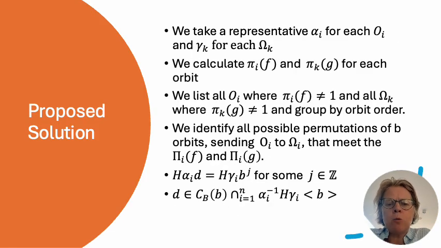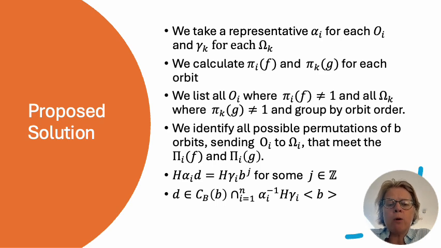Having identified the orbits, we can take a representative alpha i for each O i and a gamma k for each omega k, and we can calculate this single element of A, pi i f or pi k g, for each of those orbits. We can then list out all the orbits O i where pi i f doesn't equal the identity, and all the orbits omega k where pi k g doesn't equal the identity, and then reorder that list by orbit order.